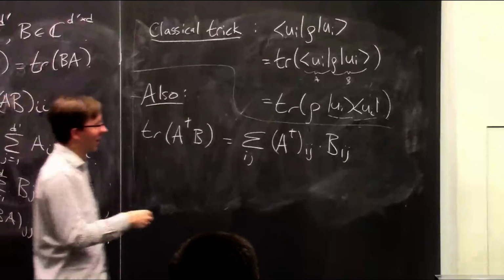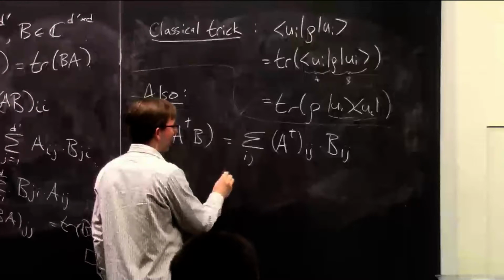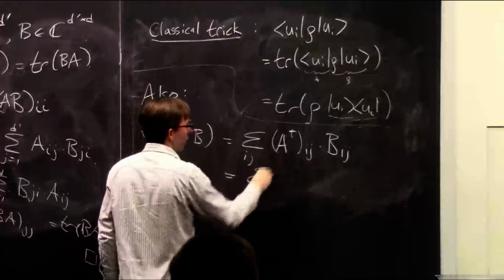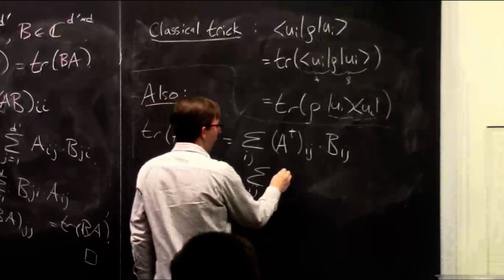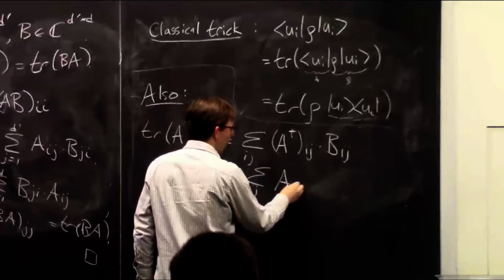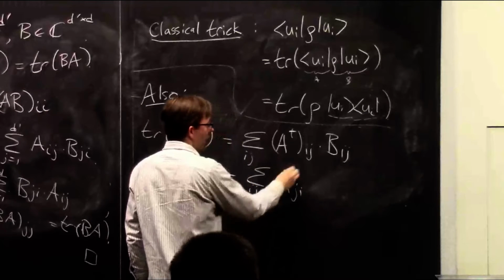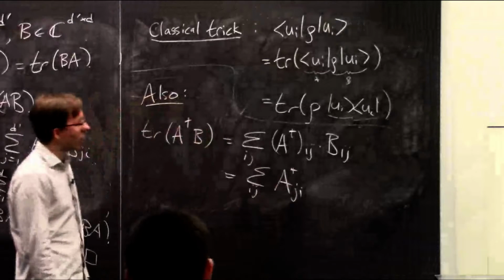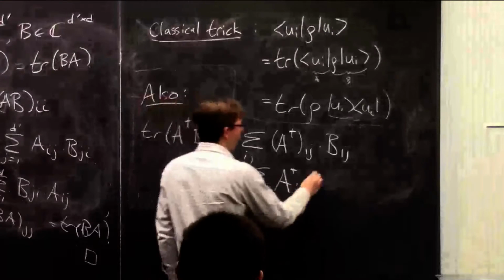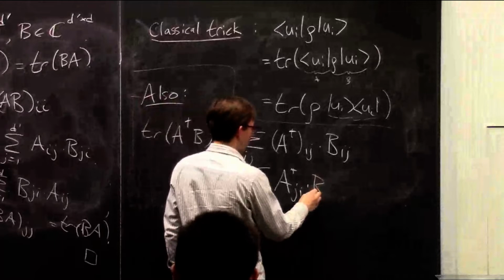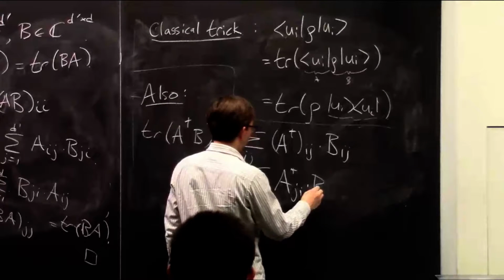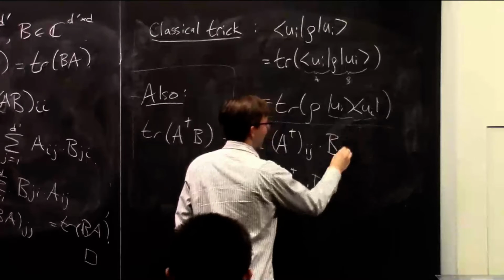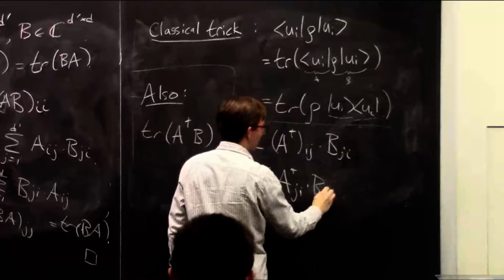There's also the complex conjugation business, which is a little annoying. But let's just do that here. So we get sum over ij of A_ji. That's the transpose thing. OK, fine. I put a star in there for complex conjugate too. Times B. This one should be ji. Thank you. Something terrible was happening. OK, good. ji.